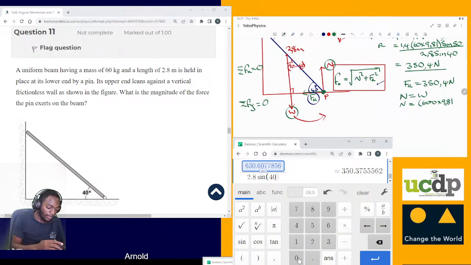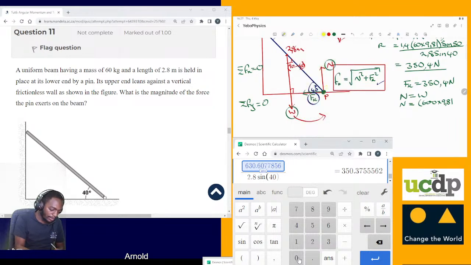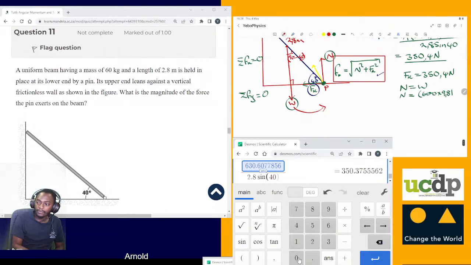Now we need to get the resultant at this point, which is going to be here. And we've been doing this. So F at the pin there is going to be equal to the square root of 350 squared plus 60 times 9.8 squared. Punch that.